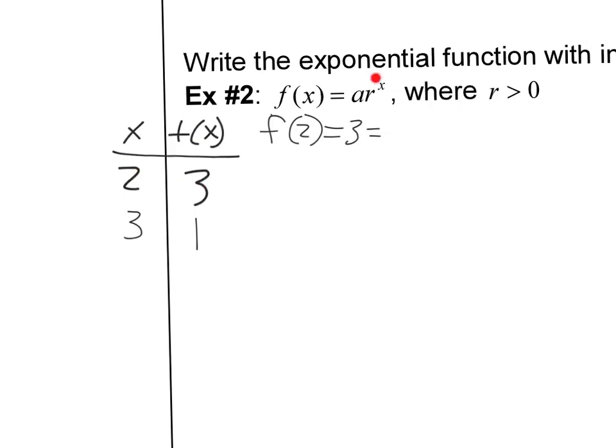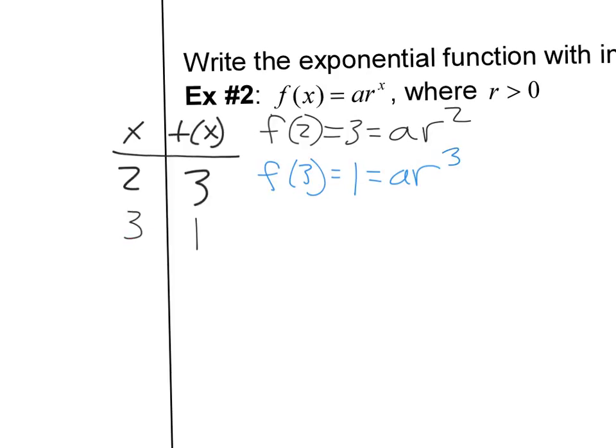And I also know that this is going to equal this function, ar to the 2. Okay. And I can plug in another function. I'll do this one in blue. I also know that f of 3, so when I plug in a 3 to the function, I get a 1. So I can say this equals 1, which is going to be ar to whatever my x value was, and my x value was 3.